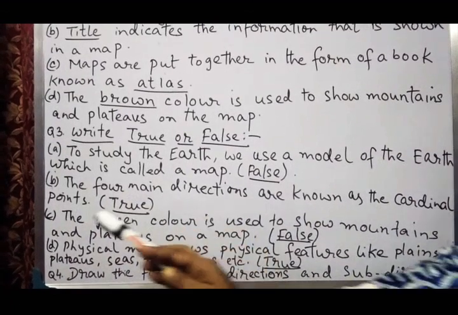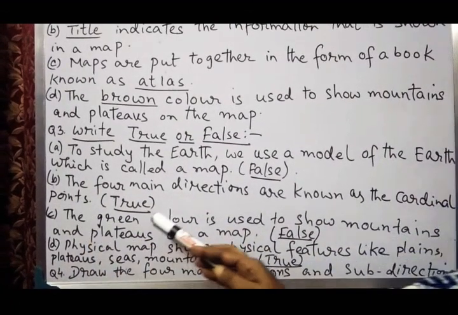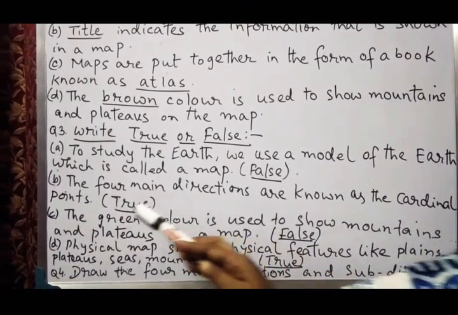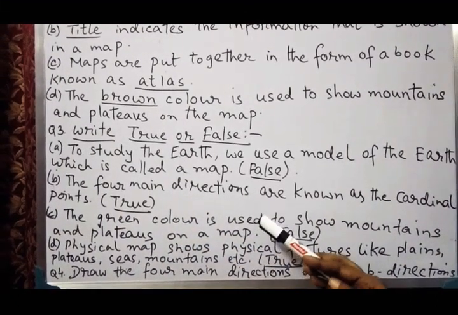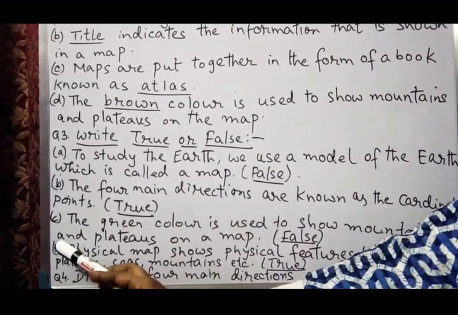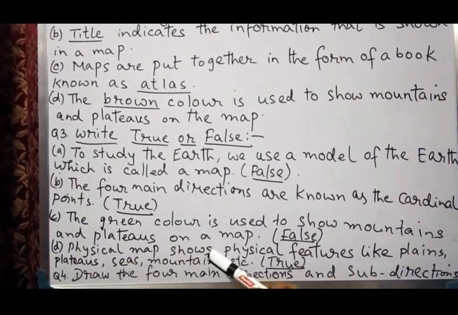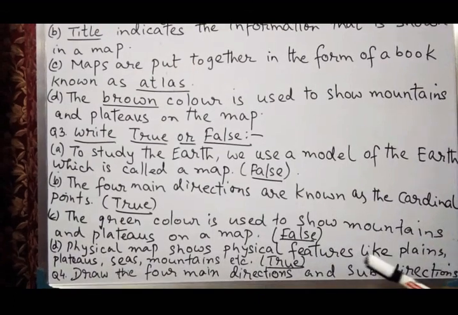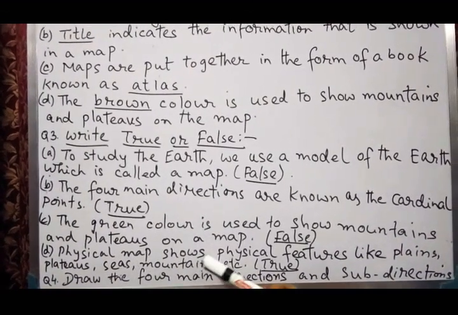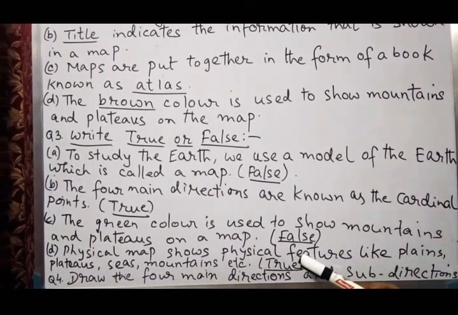True. Number C. The green color is used to show mountains and plateaus on a map. Answer is going to be false. Number D. Physical map shows physical features like plains, plateaus, seas, mountains, etc. Answer is true.